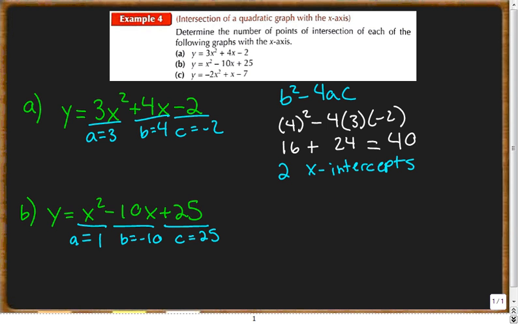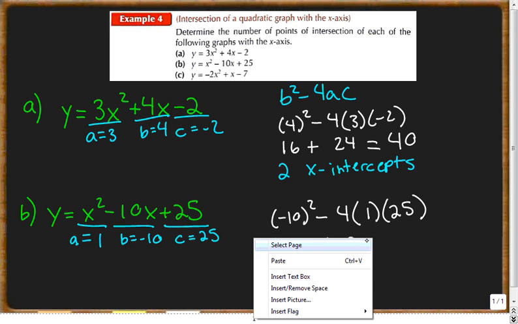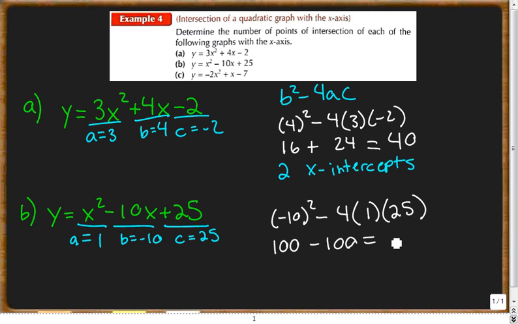So B squared is going to be negative 10 squared. We subtract away 4 times A, which is 1, times C, which is 25. So negative 10 squared is 100, and we have 4 times 1 is 4, times 25 is 100. And that's going to equal 0.